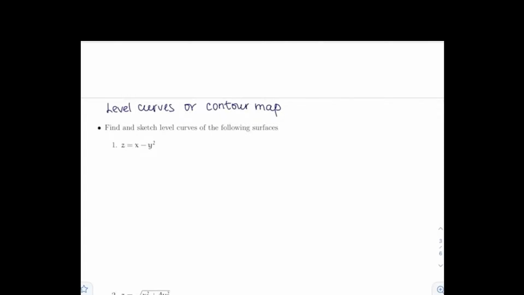Basically the idea is that we're going to pick some values for z for our function. By that I mean actual numbers, and we're going to set our function equal to those numbers.